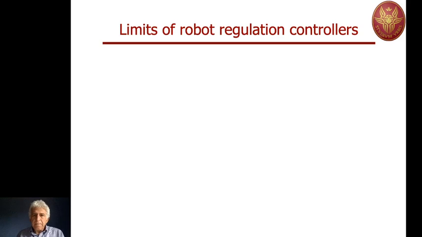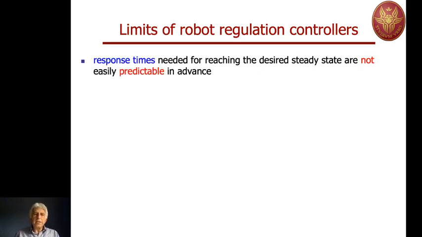So the first limitation is on response time. You have seen in part this in the simple simulation that we have shown. The regulation of an inverted pendulum took something like 3 or 4 seconds, which may be too large a time. Okay, and in general, these response times are not easily predictable, even for a given robot.